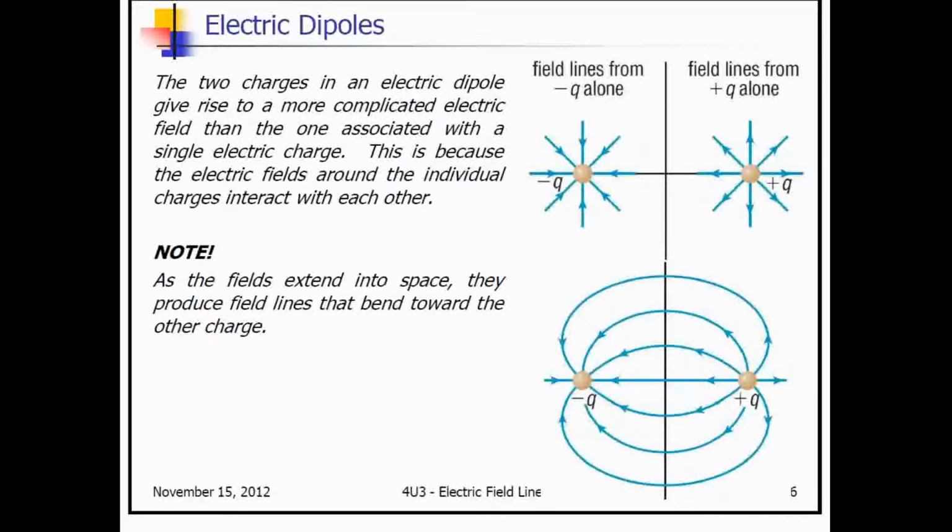Generally the field lines go from positive Q to negative Q. For example, the field line that would be going directly up or directly down from positive Q would now start to interact with the field lines from negative Q. And when we add those field lines together, a vector addition of those, the direction starts to change. So this is what our electric dipole would look like when we have a positive and a negative charge.